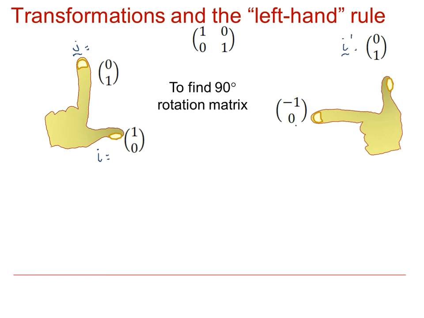So i dashed is (0, 1), and j has transformed onto (-1, 0). So j dashed is (-1, 0). And these then produce the two columns of our matrix. So the rotation matrix is (0, -1; 1, 0), the 90-degree rotation.